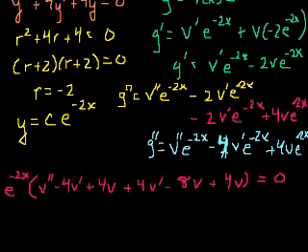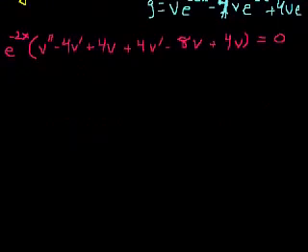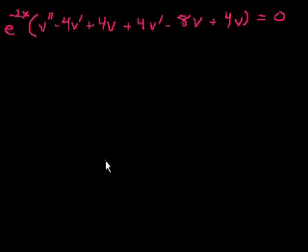Let's see if we can simplify this a little bit more, and then hopefully solve for v. Some things are popping out at me. I have plus 4v, plus 4v, plus 4v, that's plus 8v, minus 8v. So plus 4 minus 8 plus 4, those cancel out.